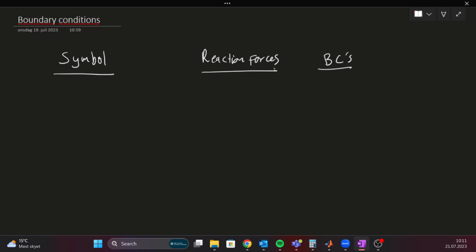Like this. So if we have something that looks like this, or this, or just a roller, this is then called a roller support.